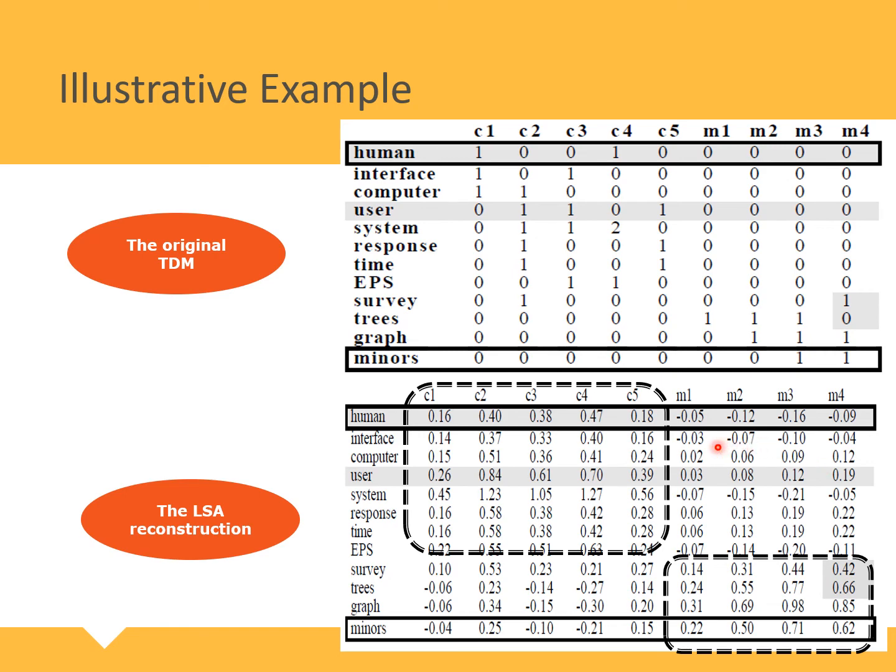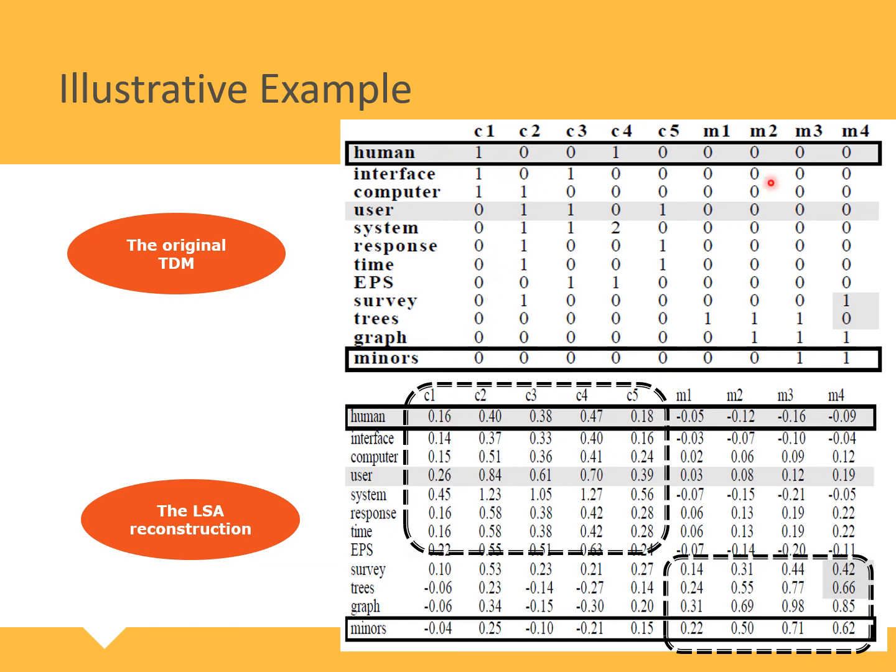Earlier, the documents were represented by all the terms present in the vocabulary, but now we will see that we'll have a far more generalized representation. What is the other way by which this reconstruction helps? Let us see some examples here.